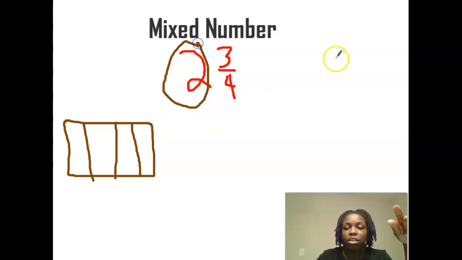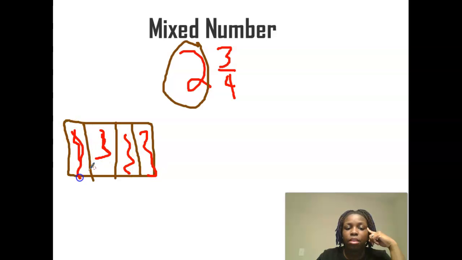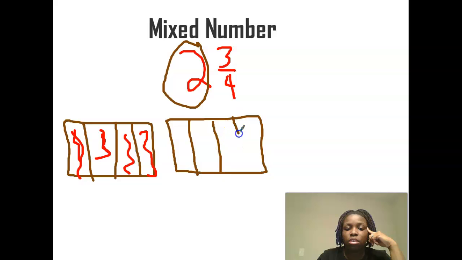So that means I have to draw, this is one whole piece, right? One whole piece shaded. Now I have to draw another whole piece shaded because there's 2 whole pieces. Remember, they're broken into 4s. So now I have 2 whole pieces shaded. And then I have to draw 3/4.